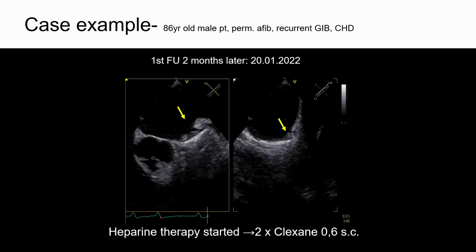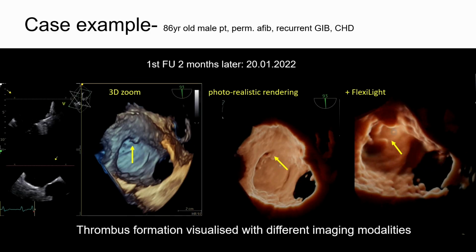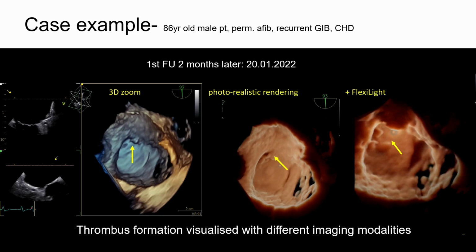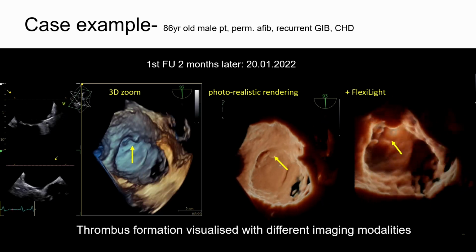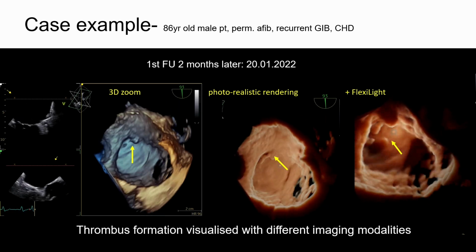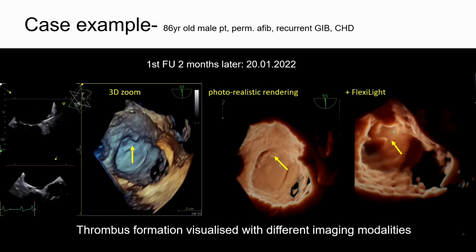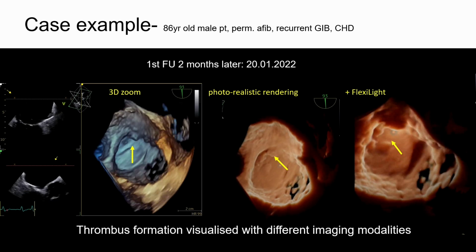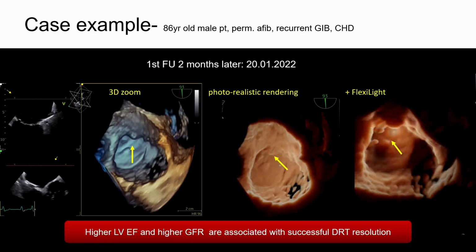So we started a heparin therapy, and this is the next follow-up 2 months later. No, it's the same patient, sorry, just playing with different types of visualization. So we have these irregular masses, so I think if we use this additional information, we come to the decision, well, this is protruding, and this might be a thrombus.